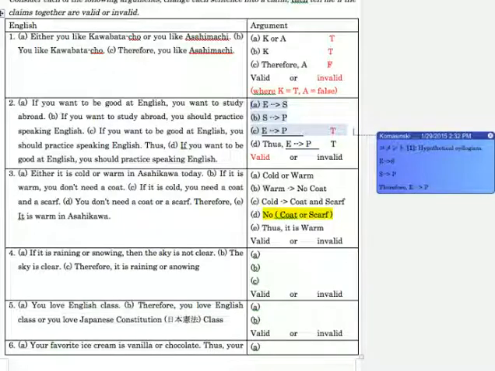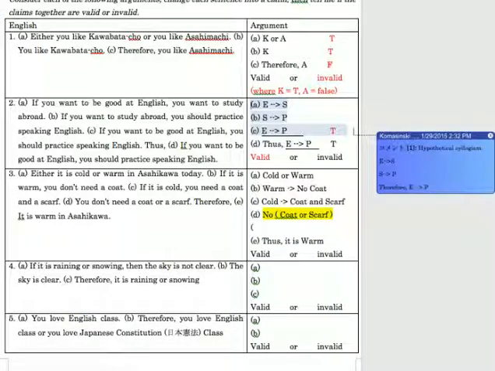So it turns out this means no coat and no scarf. So we can rewrite this one. So we could say this is D, same meaning, no coat and no scarf. So this is interesting.